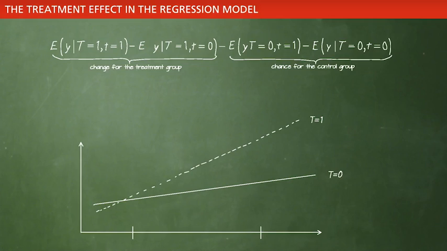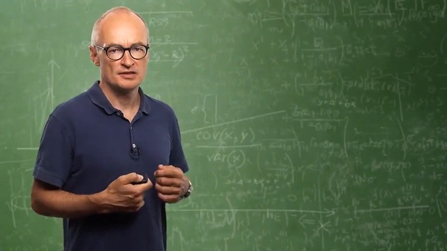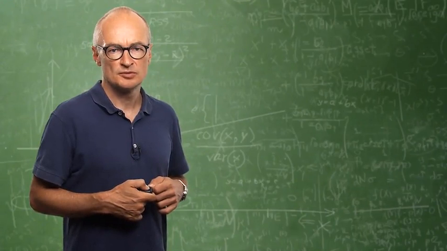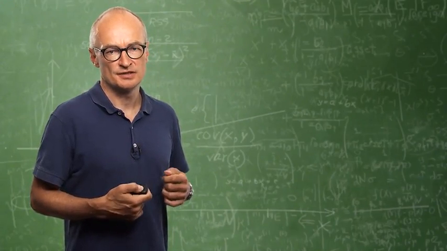For the regression model, we found from the previous slides that the difference in the average outcome for the treatment group was the coefficient for the time indicator plus the coefficient for the interaction term, while the difference for the control group was just the coefficient for the time indicator. Hence, the difference between the two groups is just the interaction term. Therefore, the interaction term captures the difference in time across the two groups, or the differences in differences.